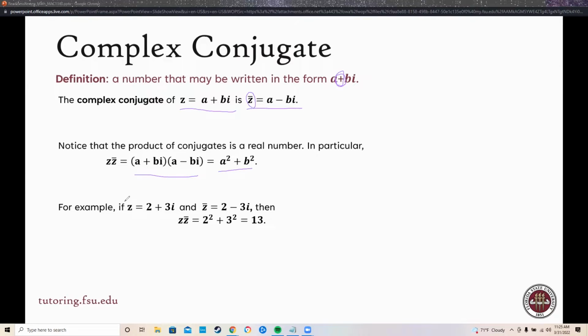So without going through the proof, we can say if you had z equal to 2 plus 3i and the conjugate of z equal to 2 minus 3i, and you multiply them together, then what you have is the two real numbers squared added together to get you 13. So a useful tool, again, to know when you're evaluating complex numbers within the scope of complex variables in algebra.